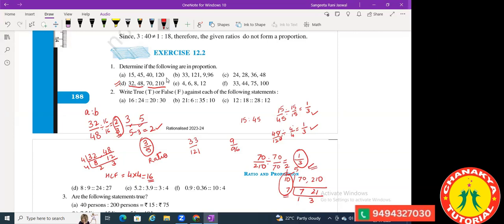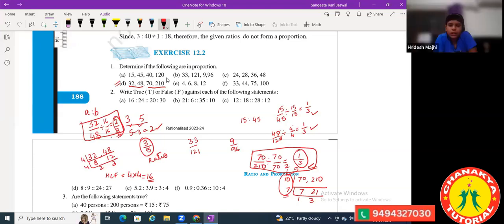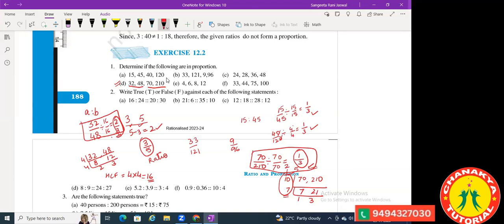Yes, by dividing. You understood this much? What we did here, did you understand this part? Teacher, I didn't get how. You didn't? Okay, I'll explain again.